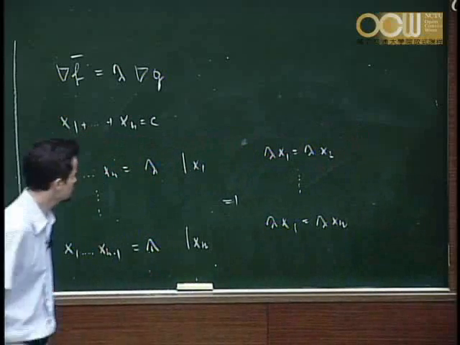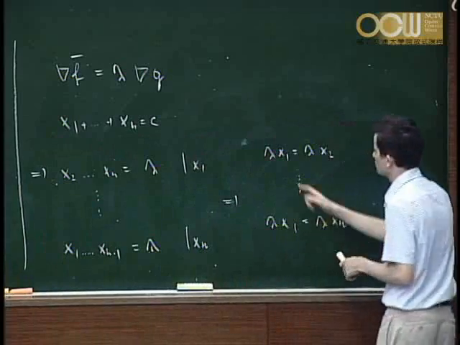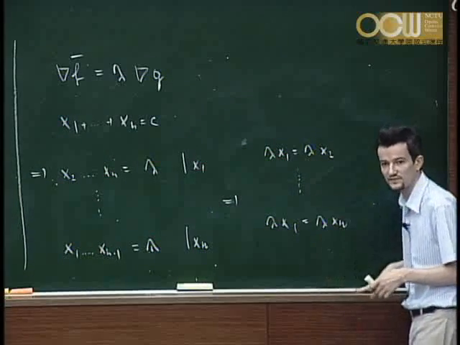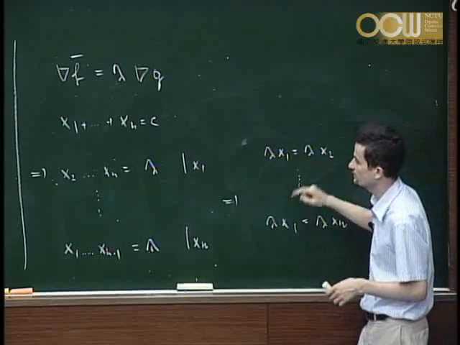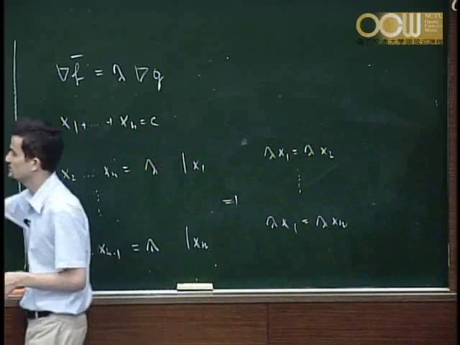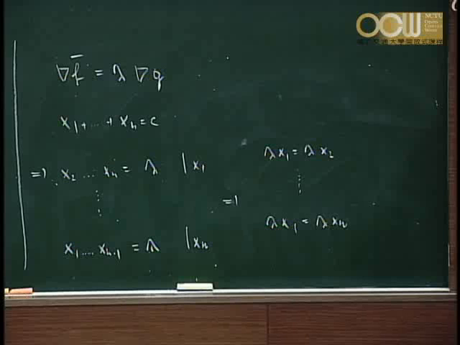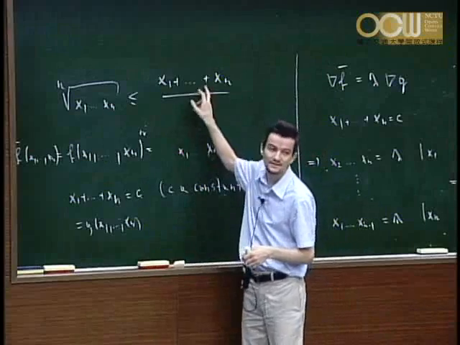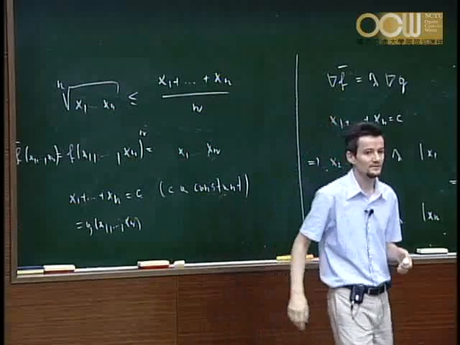Now you see two cases. Lambda is equal to 0 is a solution of all of this. But if lambda is equal to 0, at least one of them is equal to 0, so the product is equal to 0, and we get the minimum, not the maximum, if we do not look at negative values, I should say.